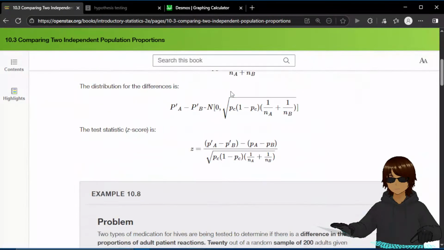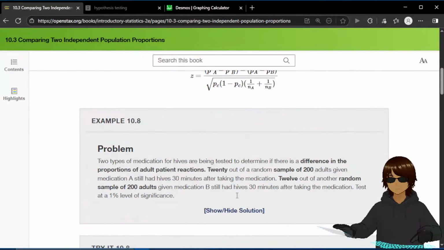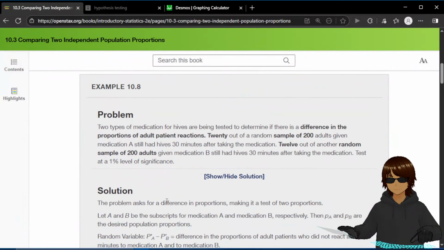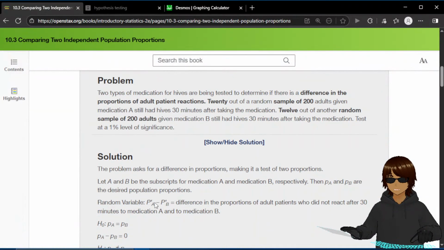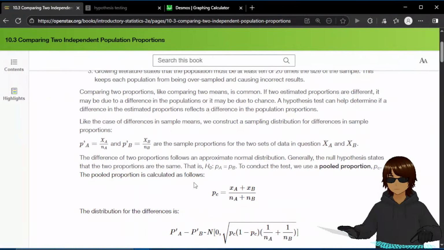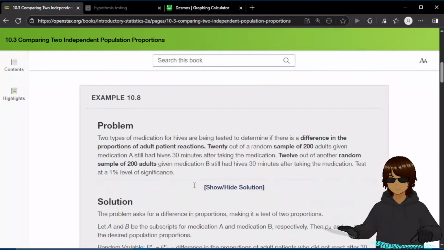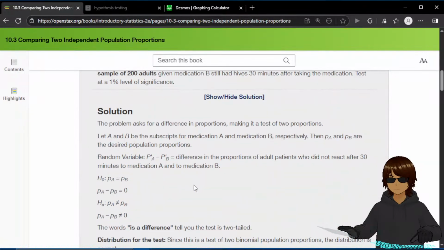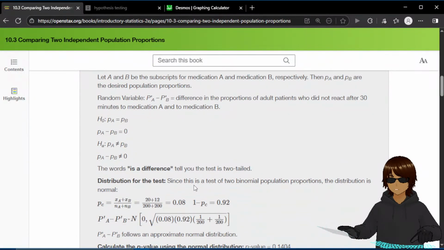What is X though? PA minus PB, difference of proportions of adult patients who did not react after 30 minutes to medication A and to medication B. Twenty plus 12 divided by 200 over 200.